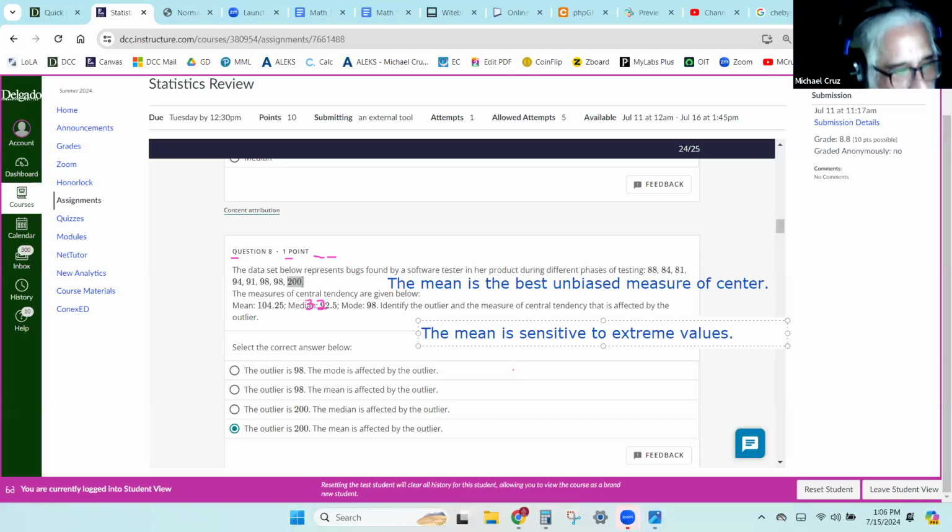All right. So that 200 is going to cause the mean to shoot up. If you calculate the mean without that 200, it comes out to like 96 or something. But if you throw in the 200 and then divide by 8, all of a sudden you'll see that it jumps up. So the outlier is 200. The outlier is always an extreme value. And the mean is the one that gets affected by it.